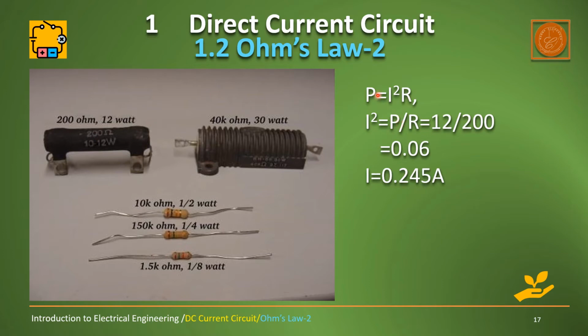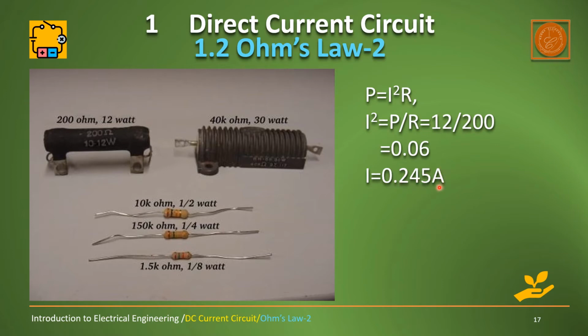We know the Joule law, P equals I squared times R, so I squared equals P divided by R. The P we know is 12 watt, and the resistor is 200 ohm. So 12 divided by 200 is equal to 0.06. This is I squared equal to 0.06, and then I equals 0.245 amps.